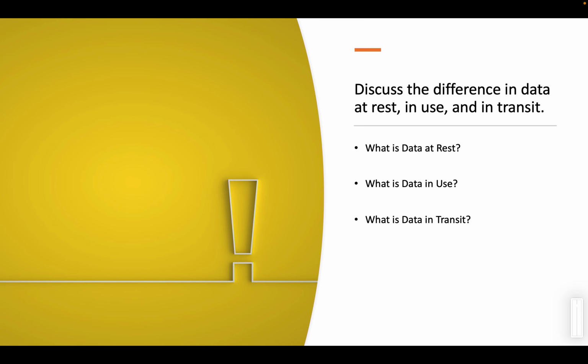First things first, we're going to talk about what data at rest is. Data at rest refers to the type of data which may be physically at rest. An example is when you have a USB drive or a portable hard drive. What usually happens is that data can be moved from one place to another.